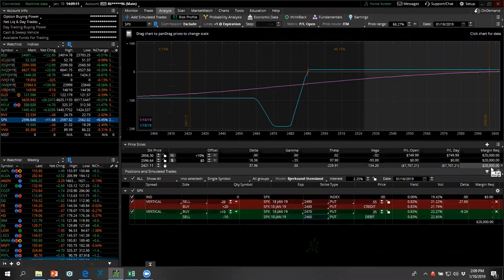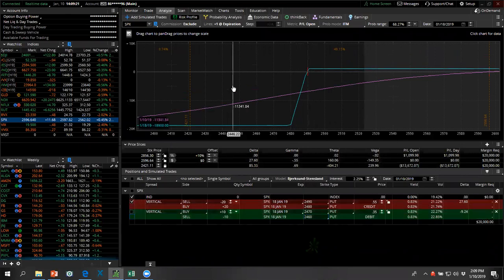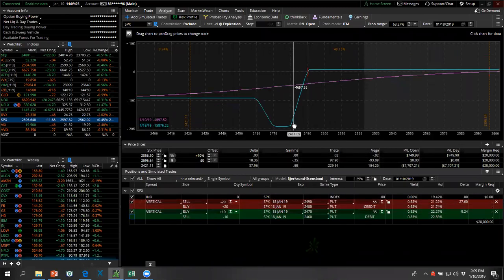Why is that? Because as this put credit spread goes in the money, it will realize its maximum risk, which was $18,900. But we have limited the range of prices at which it will realize that. Now it's saying the same 20,000 risk here because the maximum risk is 20,000 minus the credit at any point to the downside, but it's only for a limited range.